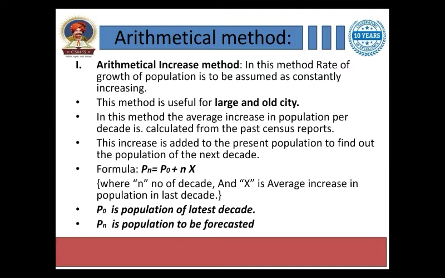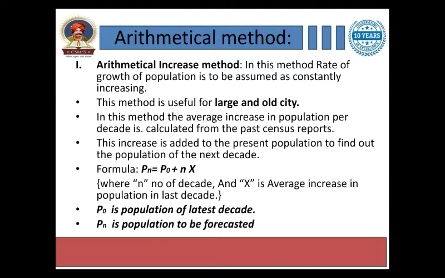Now note down every term included in this formula. Pn means the population to be forecasted. It means we have to calculate the population after, say, 3 decades, right? Decade, in Marathi, is dashak. If we have the data of 2011 and the examiner asks for 2021 or 2031, then we have to calculate the population after 1 decade or 2 decades, right?